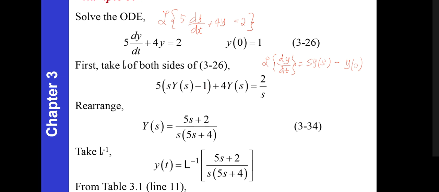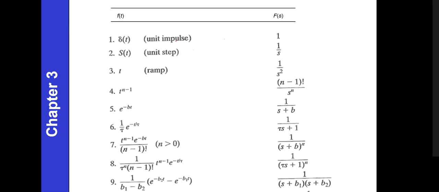Then plus the Laplace transform of this equation for y. The small letter y becomes the capital letter Y(s). Here we have 2, and 2 here is an imaginary partner, that is 2 times u(t). If you go back to your table, u(t) is this one.